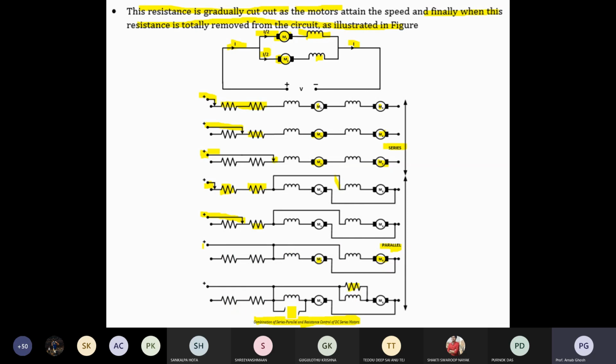Only the logic has changed, so you are utilizing these two resistances as a parallel combination across your field. Then you can vary the resistance value, so the motor field current also changes. If the motor field current changes, the motor speed will change. So that is the series and parallel combination of both series motors.